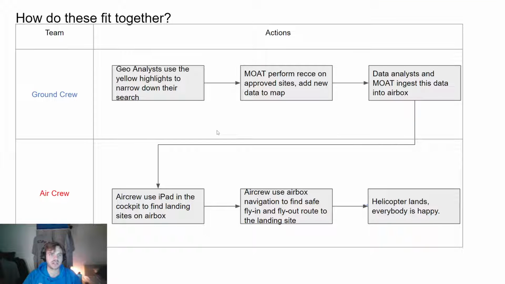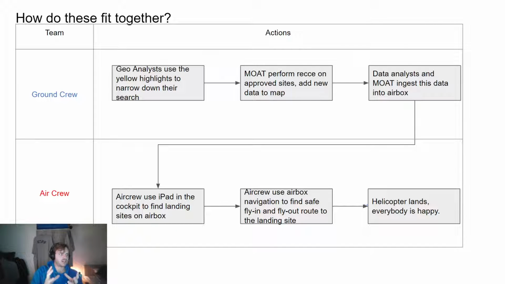Then this is how they fit together. So originally we wanted to just give the air crew access to the ACANs and our integrated map layer. So we are in talks with Airbox to add our layer of, where are we going to find a helicopter landing spot, and shove that straight in there. So you would have it all in one package.